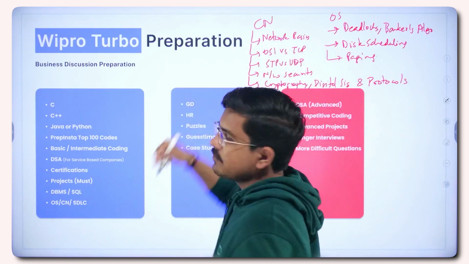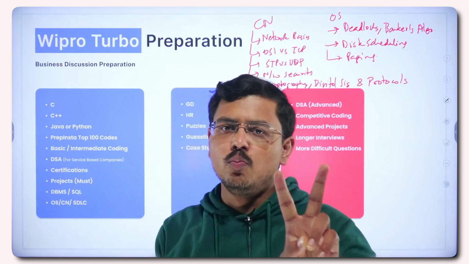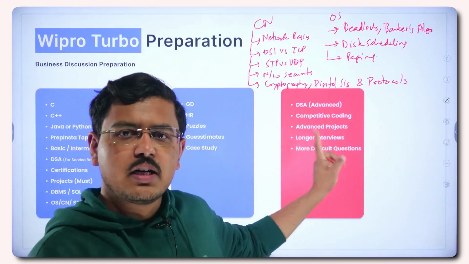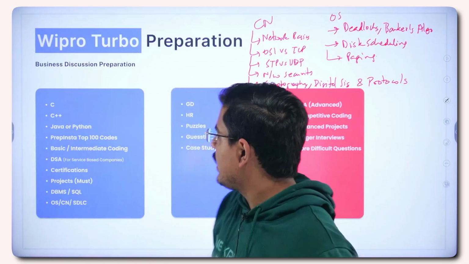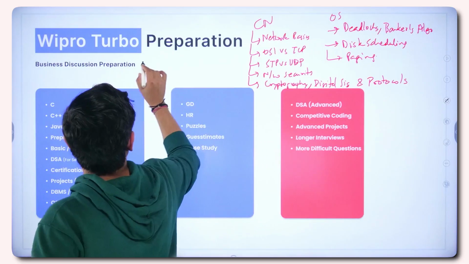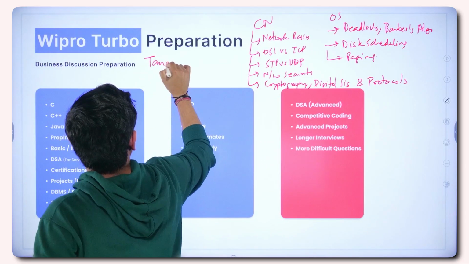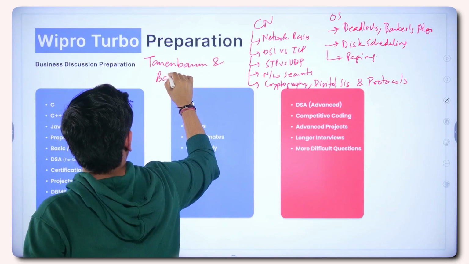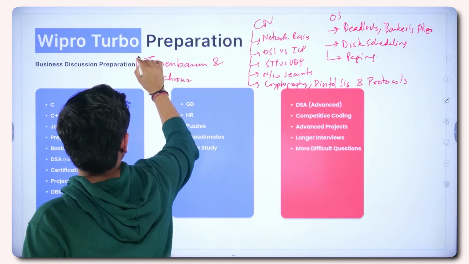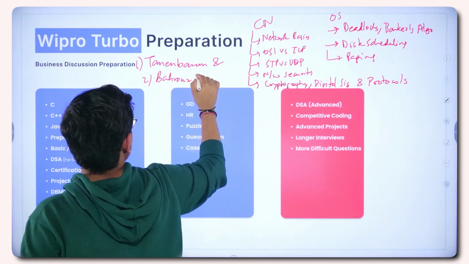Where do you find them? You find them in two books. Either you hop on and study these necessary topics from Prime, there you simply have it, or you have it in two good books, which are Tannenbaum and Behrouz Forouzan.